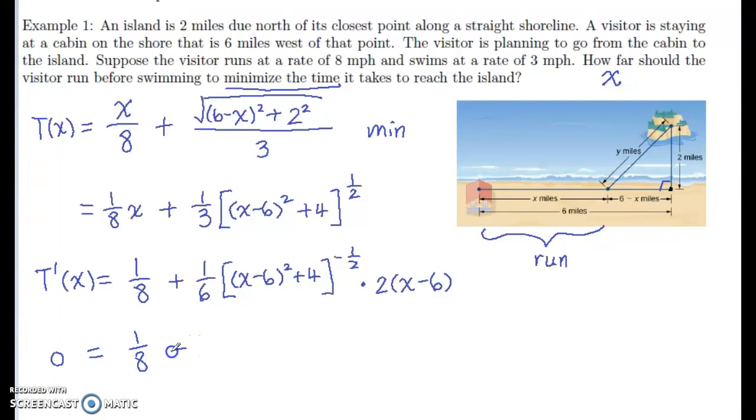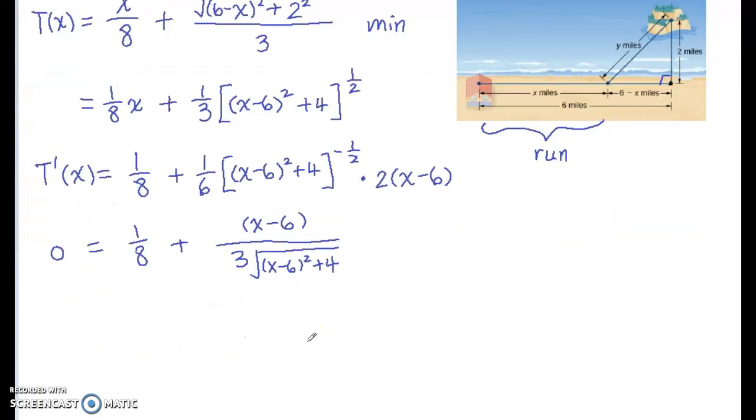So 1/8 plus, we have cancellation here, so it's 1/3. On the top we have x minus 6. In the bottom we have a square root because it's the negative 1/2 power: square root of (x minus 6) squared plus 4. Now it is just a matter of algebra.